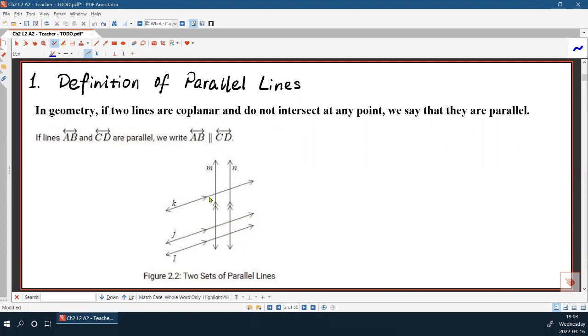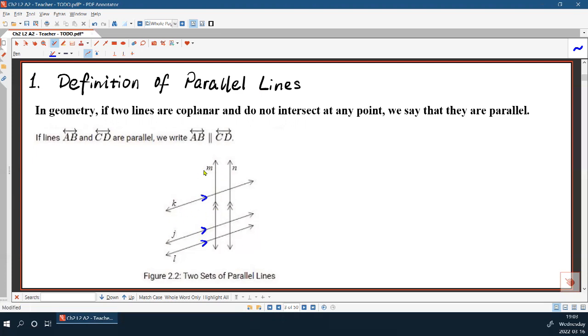Understand? And if you want to show the parallel lines on the graph, usually you can use a small arrow to indicate all the lines that are parallel. For example, in this figure, lines K, J, L are parallel. Then we can use 3 little arrows to indicate these 3 lines are actually parallel.